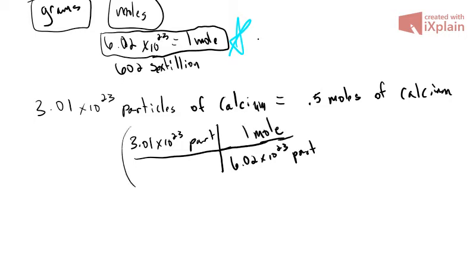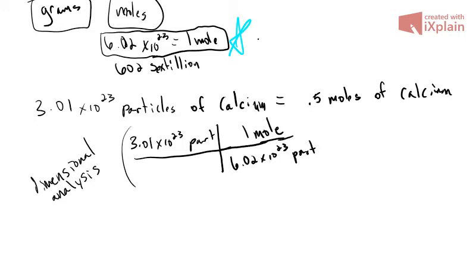Now, if you don't set up your conversions like that, like I do, that is perfectly fine. You can set them up in ratios. You can set them up any way that you want. This is called dimensional analysis. And it's the way that I was brought up calculating these unit conversions.